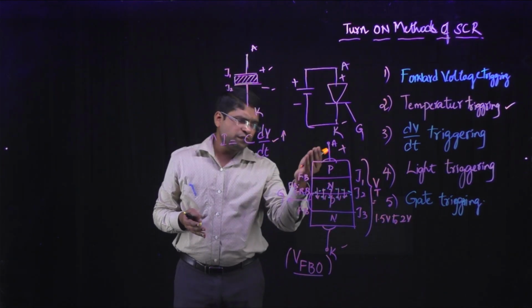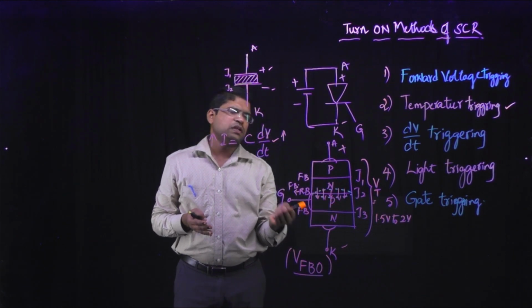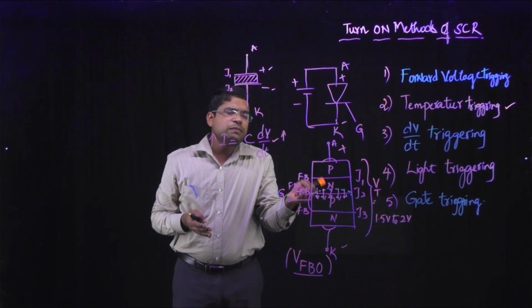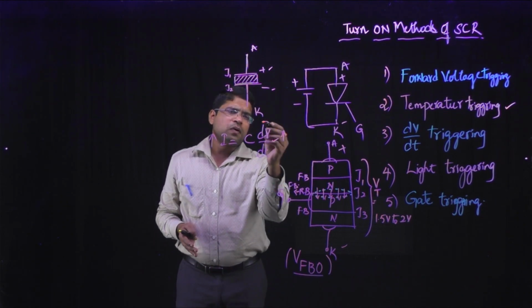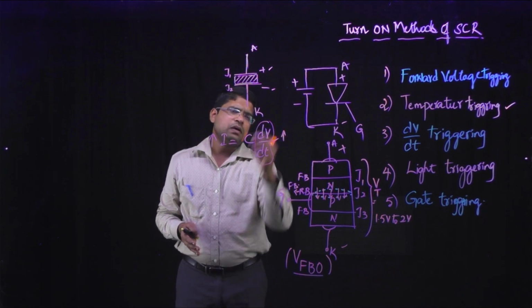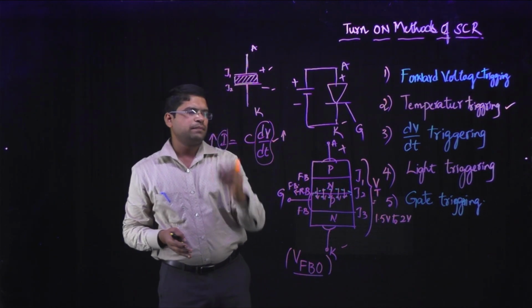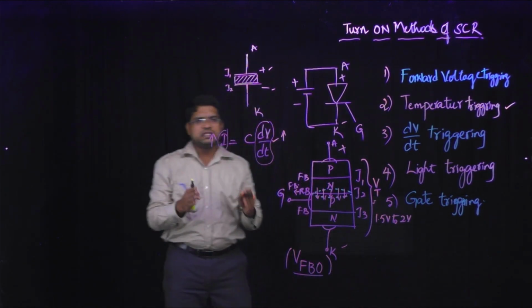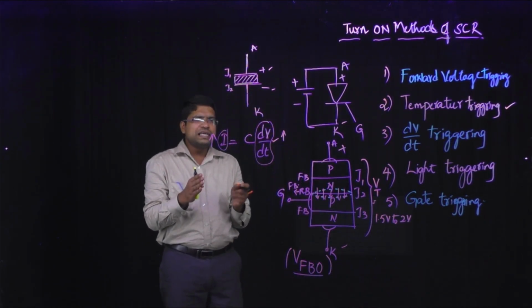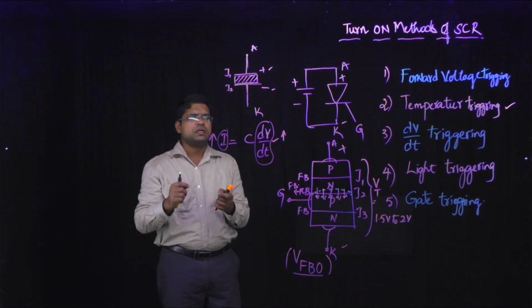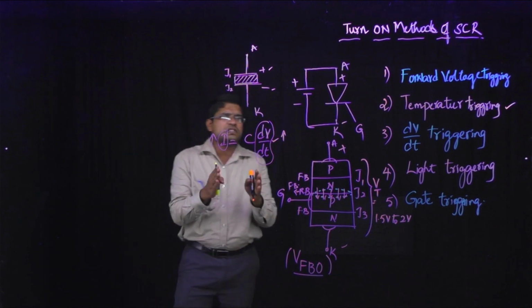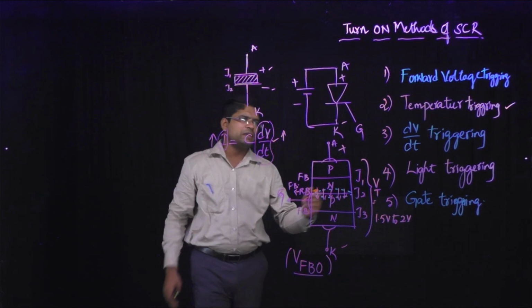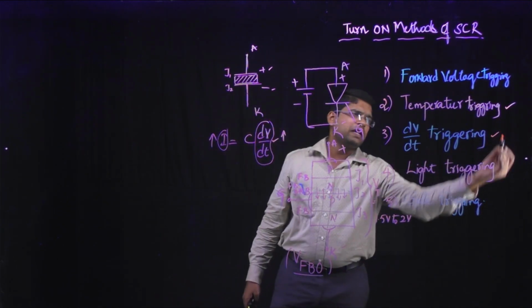So the rate of change of voltage across the device conducts or triggers the device. Such a type of triggering is called dV by dt triggering.